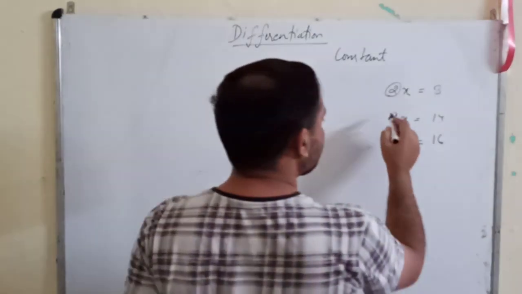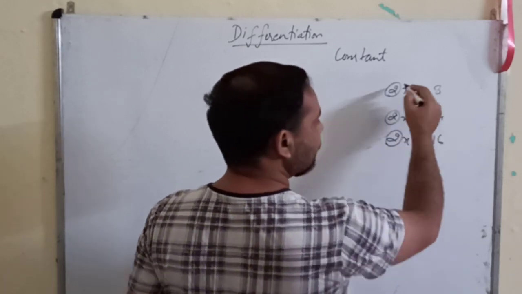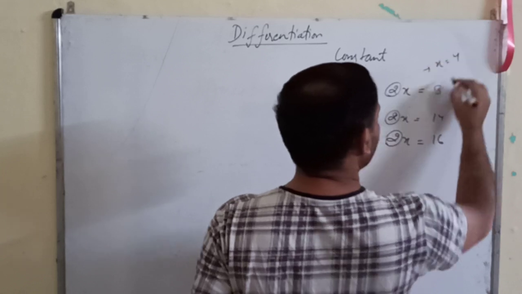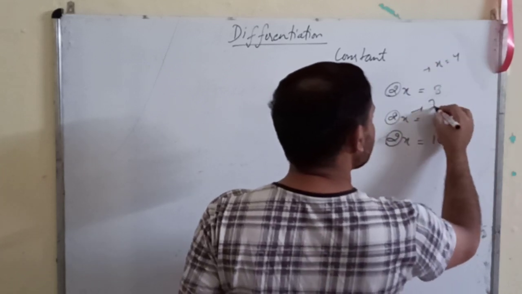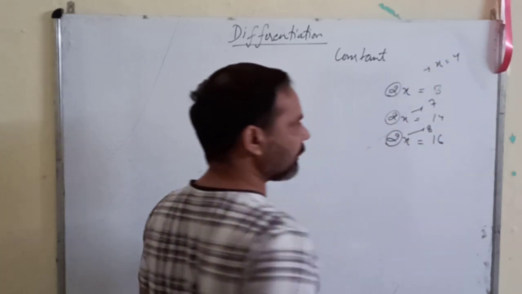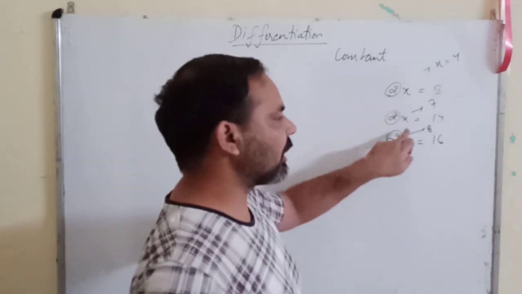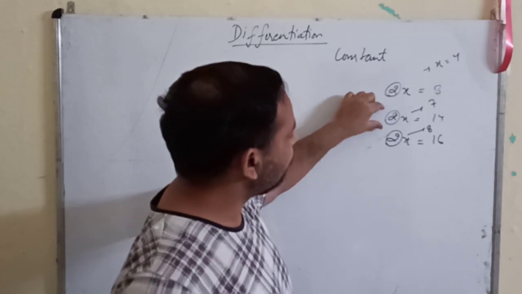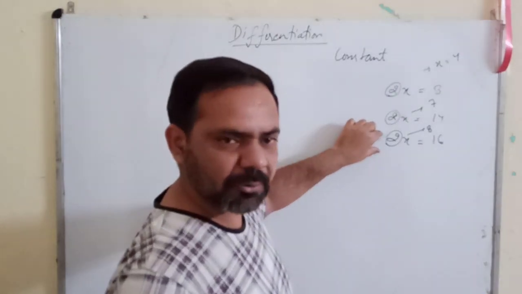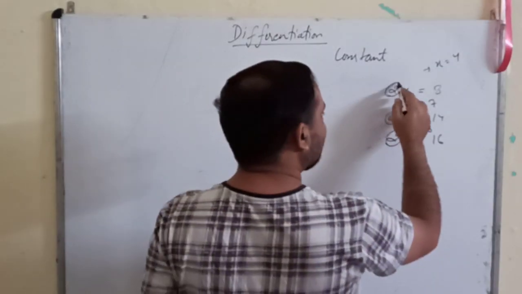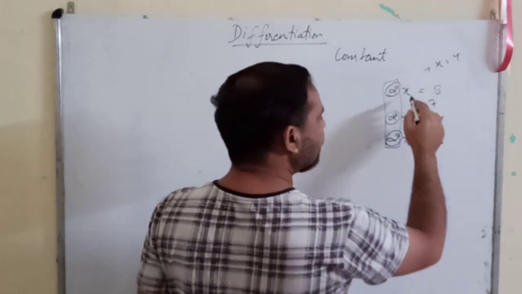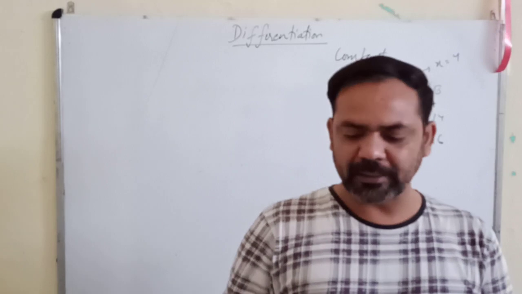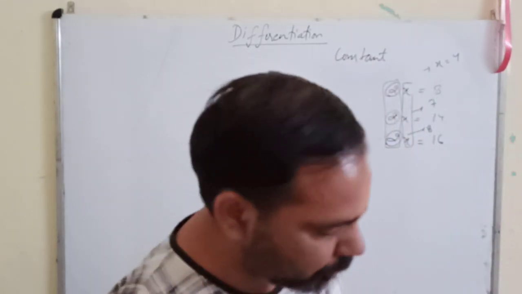Now the value of this quantity will not change. It implies that here x is 4, here x is 7 and here x is 8. So the value of x is changing according to the situation, but there is a quantity whose value is not changing according to the situation. So this quantity is constant, this quantity is variable, the quantity that takes the value according to the situation.